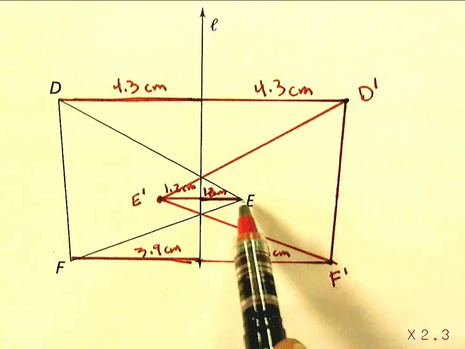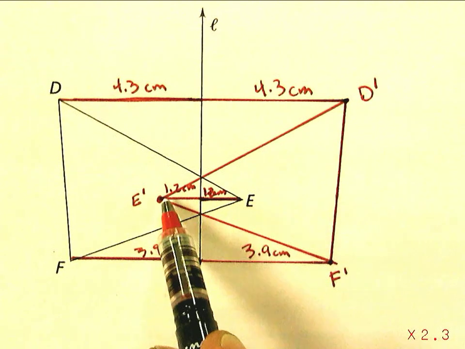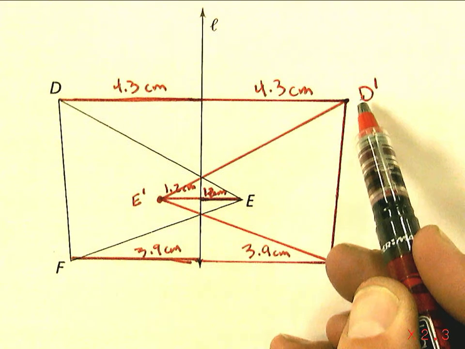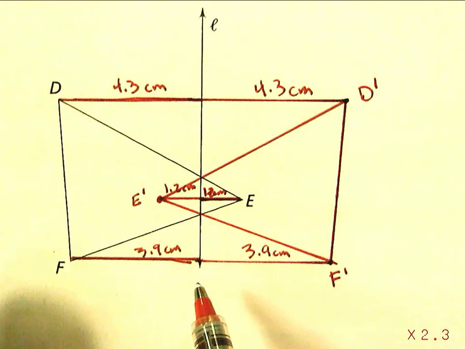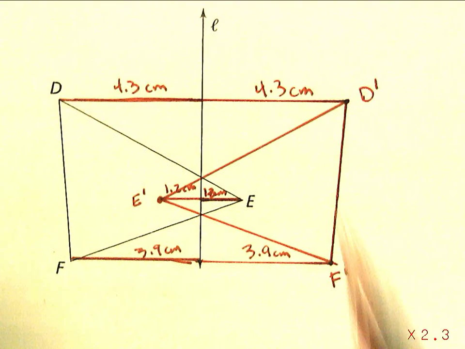E is over here, so it flips over to there. D is over here, so it flips over to D prime. F is over here, so it flips over to F prime. And they're all the same distance from the line of reflection, so in the end we have a reflected image across.